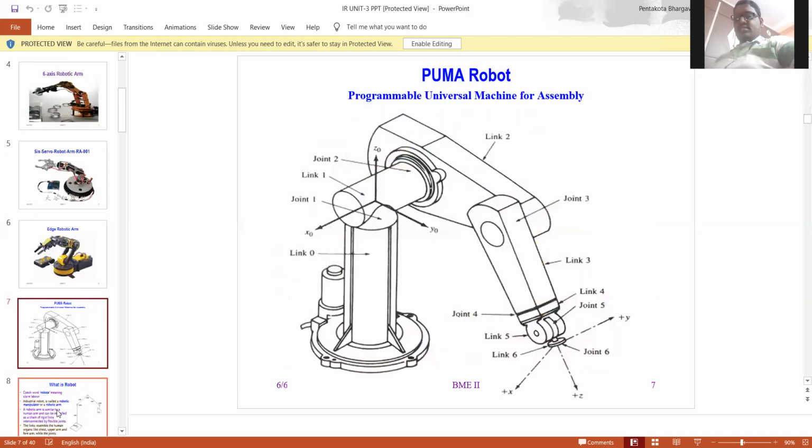This is the end effector. You can see the links and joints. Here, how many links, how many joints: joint one and link one, joint two and link two.